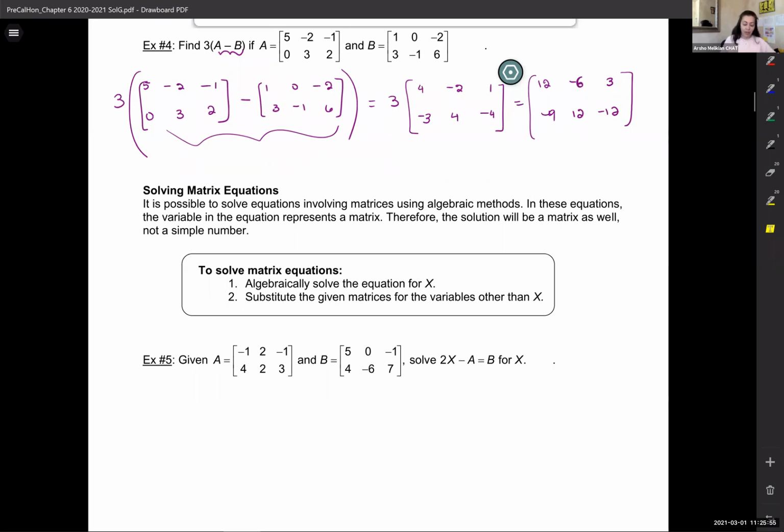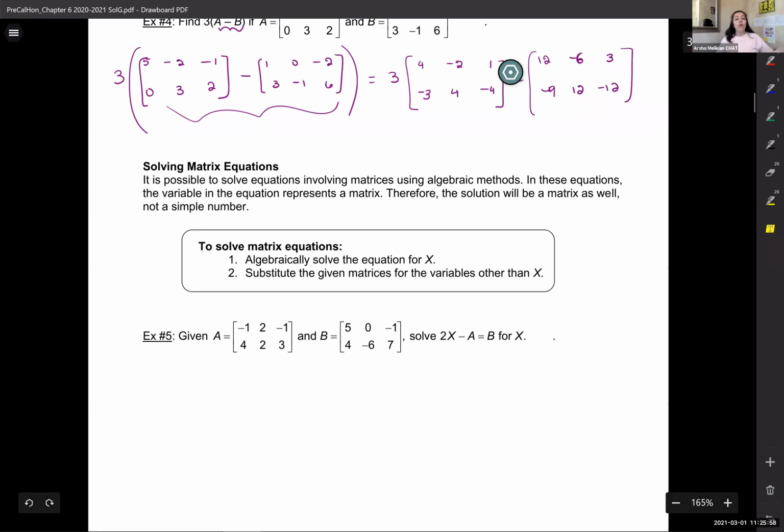Okay, moving on. With matrices, we can also solve equations. You remember how back in the day, when things were simple, we had equations that looked like this. And then what would we do? Add the 6 to the other side and get 16. Sorry, I'm just so excited about this matrix stuff. And then x is 16 over 3.